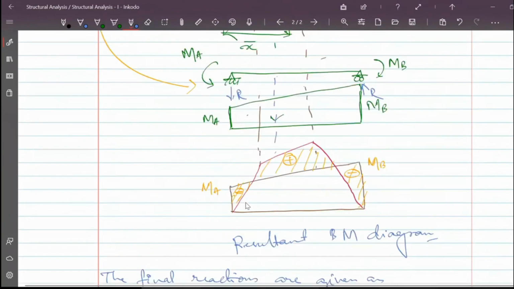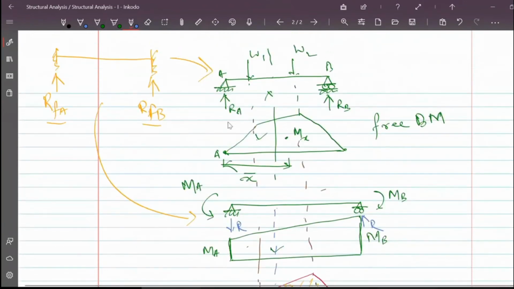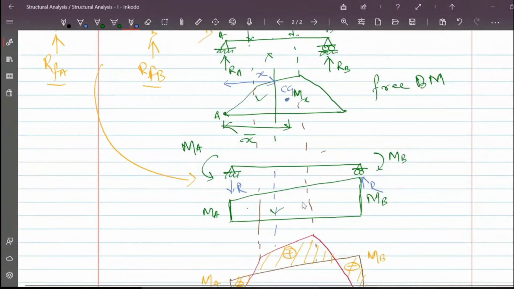Okay, now I am saying that this is at a distance x, and this is the CG. This is the CG of this one, and here, for example, let us say this is the CG.